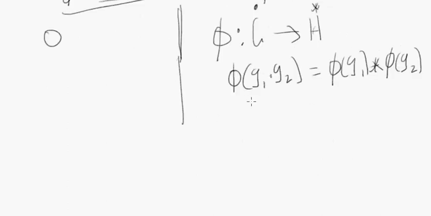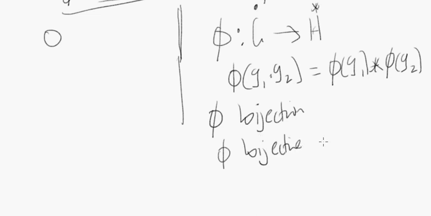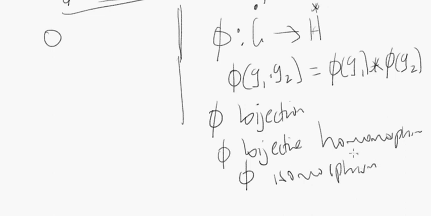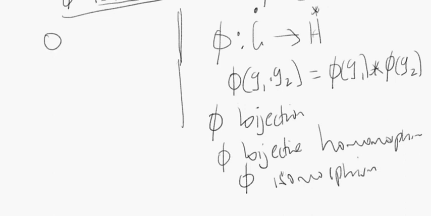But furthermore, if phi is also a bijection, that is, if phi is a bijective homomorphism, then phi is said to be an isomorphism. And in particular, what that means is that G and H are really the same group, just disguised.